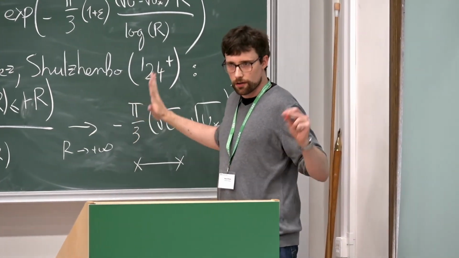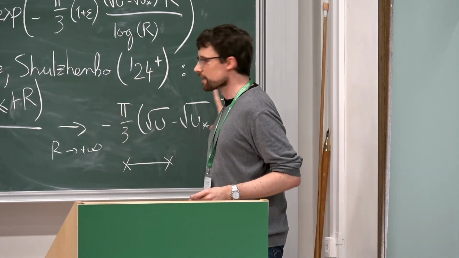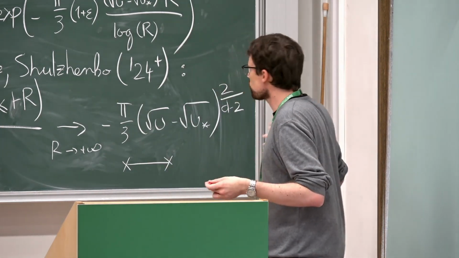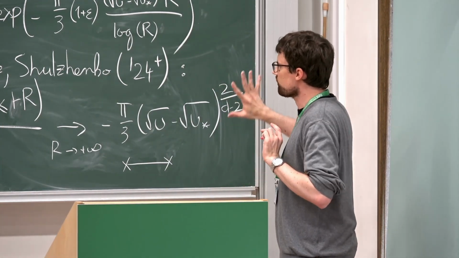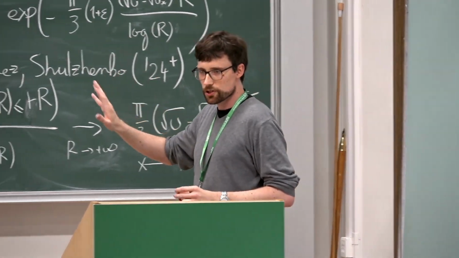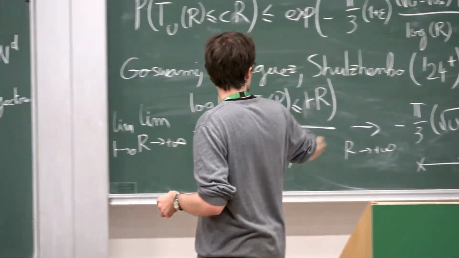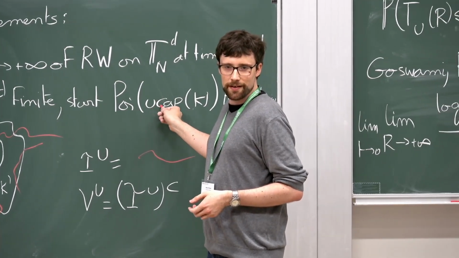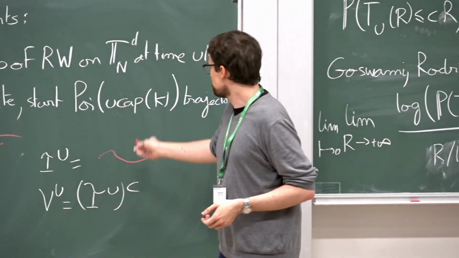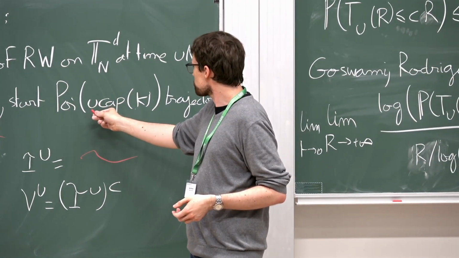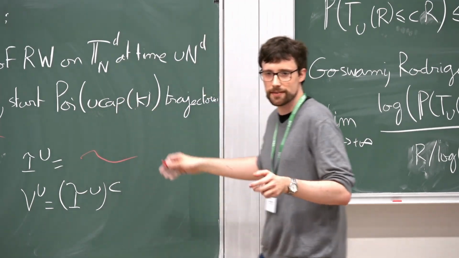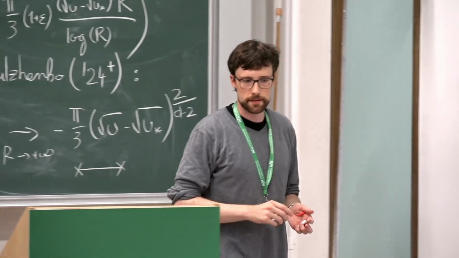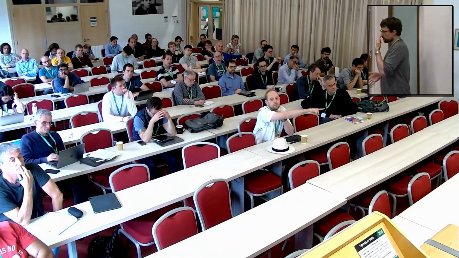The error that you make by doing this shift will be exactly of this order. The fact that it's Gaussian comes from the fact that this model is really linked to the Gaussian phi field. This exponential minus u capacity is just the probability that the Poisson variable is equal to 0, which is exponential minus u times the capacity, and the capacity of a line is r over log r. So this is where it all comes from. The shift here is the same as the shift you get in the isomorphism theorem.